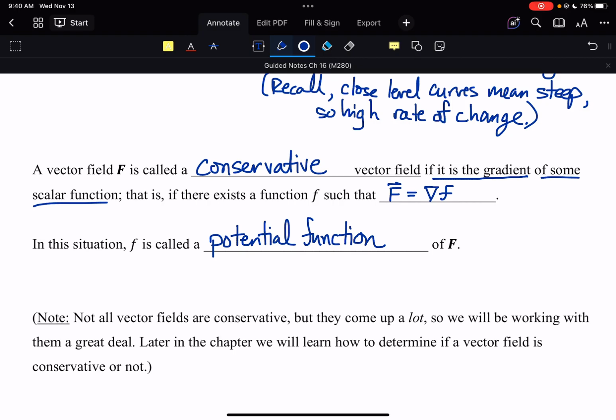Later in the chapter, we'll learn how to determine if a vector field is conservative or not. We're not going to use this exactly right now, but we will see it coming up in the next couple of sections. A lot of our properties are based off of this idea that a vector field can be written as a gradient. We'll explore that more in the upcoming sections, but that brings us to the end of section 1.